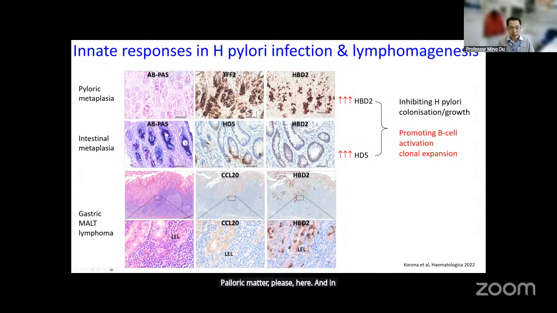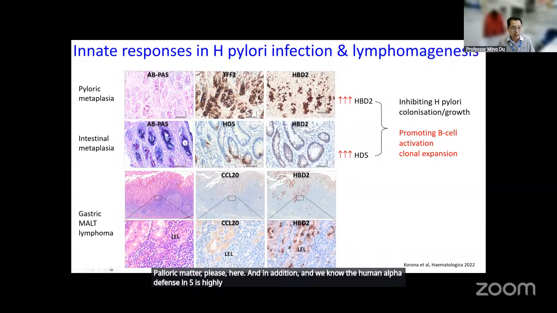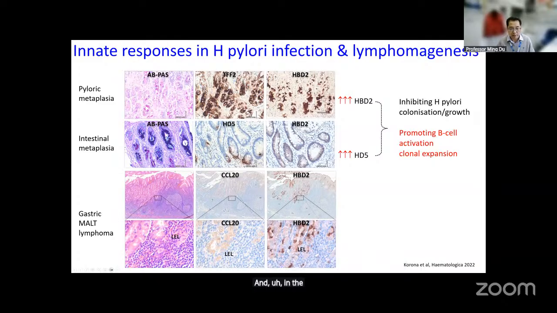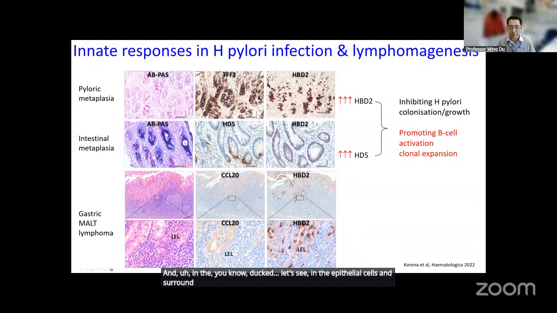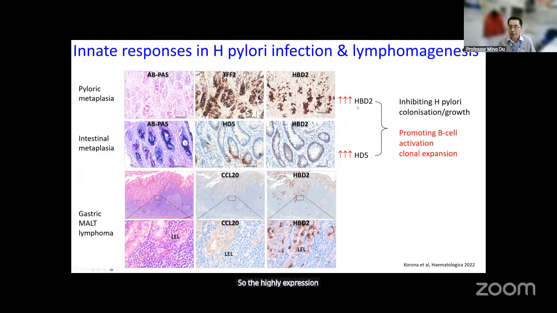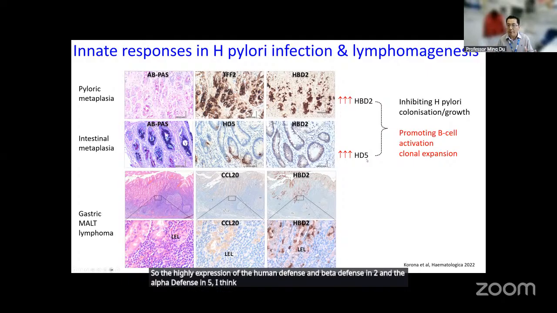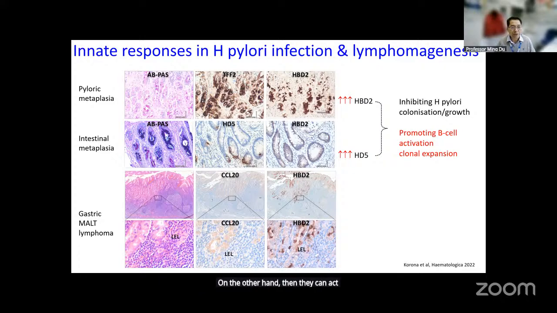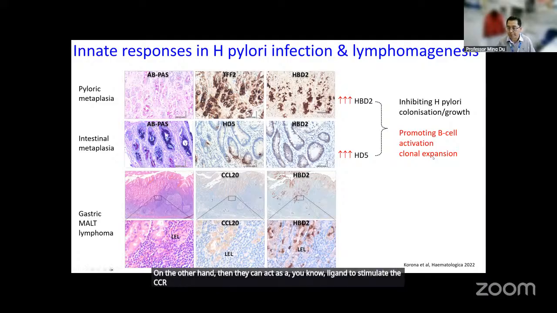In addition, we know human alpha defensin 5 is highly expressed in the epithelial cells surrounding the stem cell population in the crypts. So the high expression of human beta defensin 2 and alpha defensin 5, on one hand, can inhibit H. pylori colonization and growth. On the other hand, they can act as a ligand to stimulate CCR6 and therefore promote B cell activation and clonal expansion.